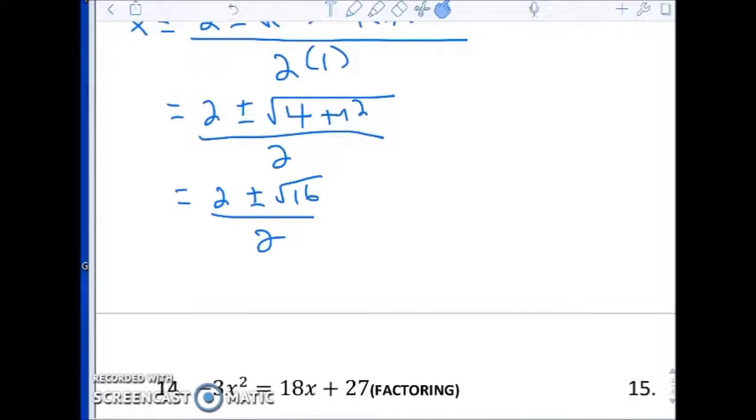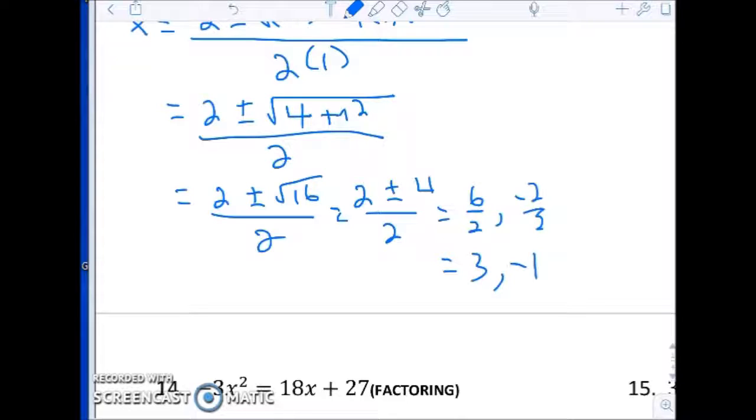And the square root of 16 can be simplified to 4. 2 plus or minus 4 all over 2. So we have 2 plus 4 is 6 over 2, and -2 over 2, which gives us 3 and -1. Okay, if you need to pause and rewind, go ahead and do that now.